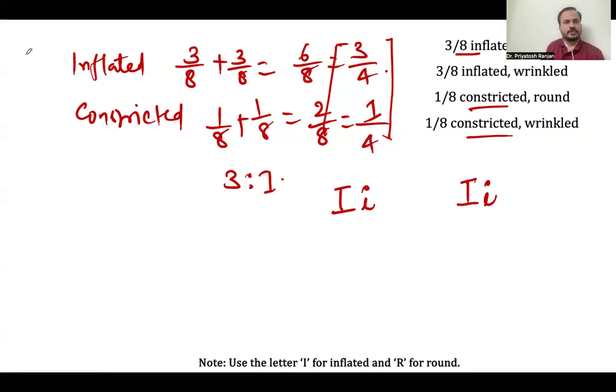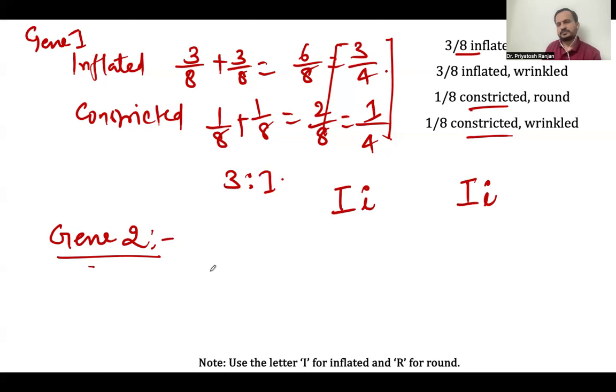Now let's talk about the other gene. Again, we need to talk about the other gene too, because this is a dihybrid cross. So now let's have a look at the ratio of round and wrinkled.